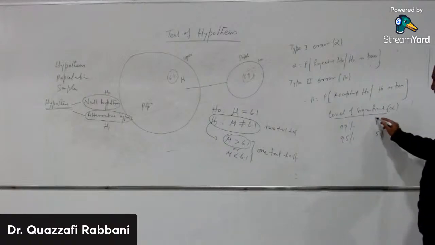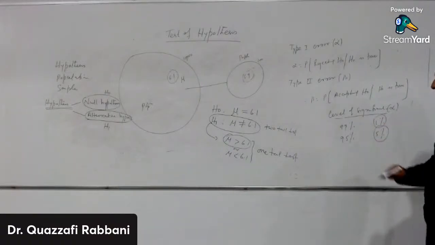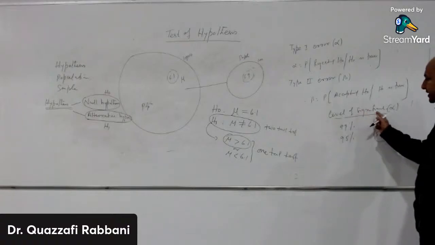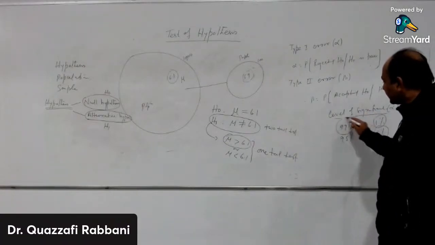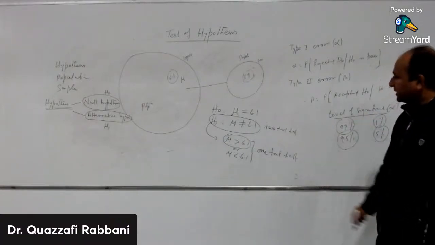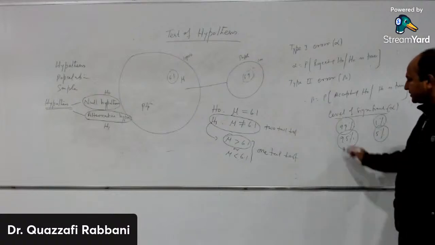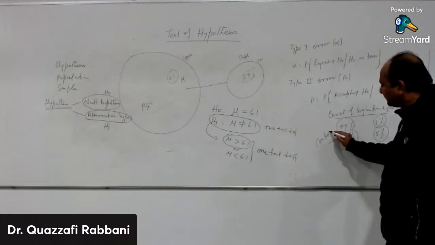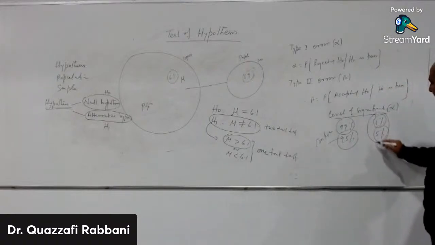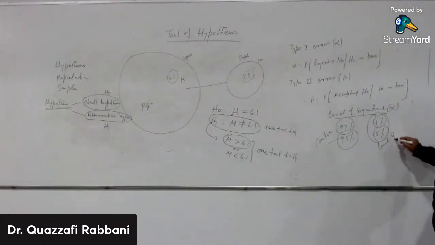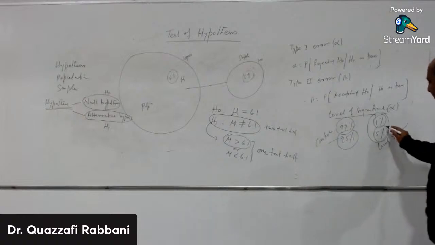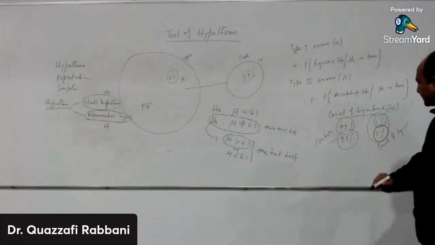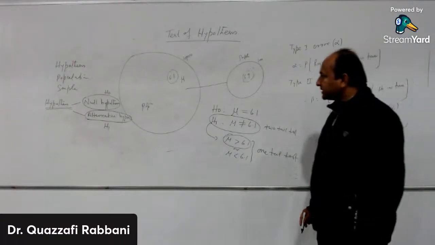So this 1% and 5%, the chance of rejecting the hypothesis, is known as the level of significance, and this 99% and 95% is the confidence level. Generally, 5% is taken as the level of significance.